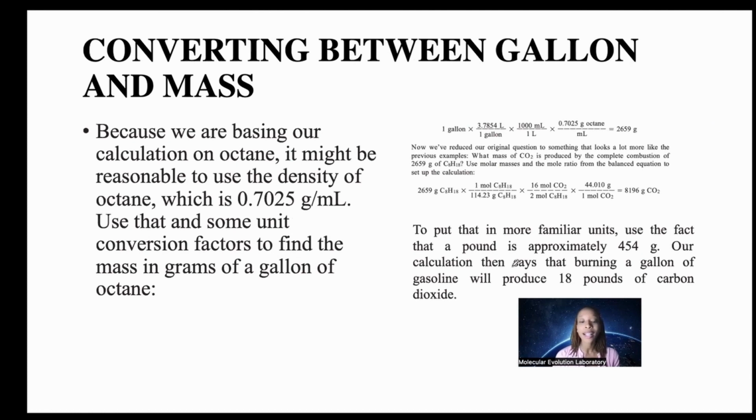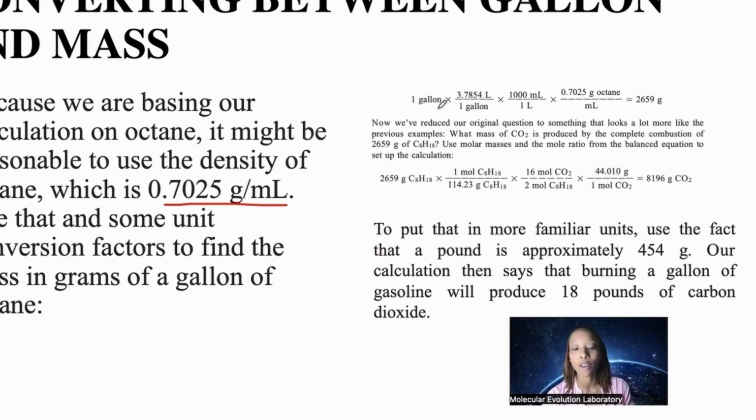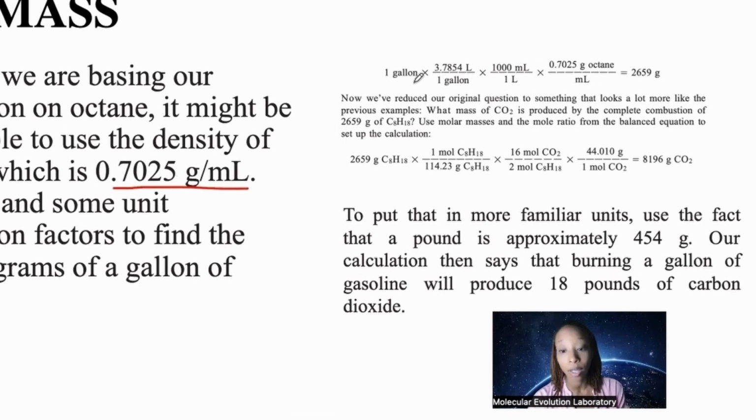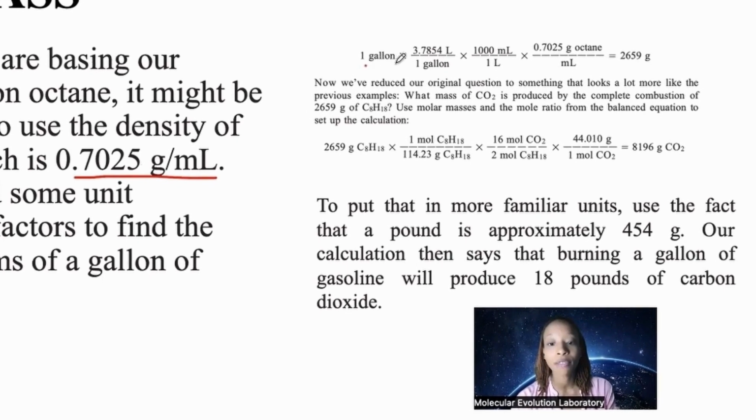Because we are basing our calculation on octane, it might be reasonable to use the density of octane, which is 0.725 grams per mL. We have to convert the density to mL because we're dealing with volume. You're trying to find the mass in grams of a gallon of octane. So this is 1 gallon of octane.